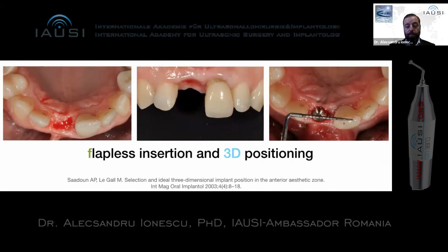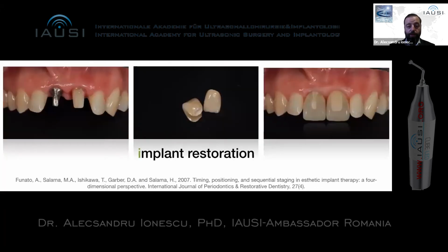But the implant was inserted flapless, freehand flapless, in a 3D position that is going to respect the future position of the crown. And this is after 6 more months when we did the restoration.